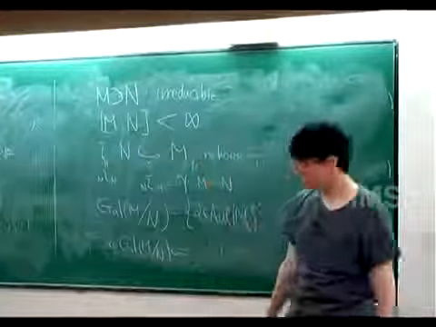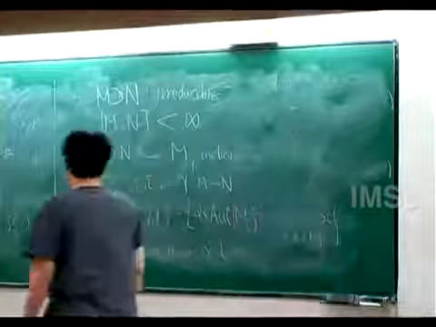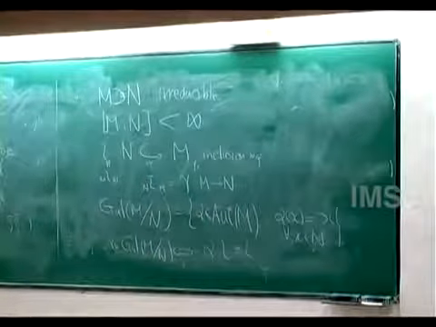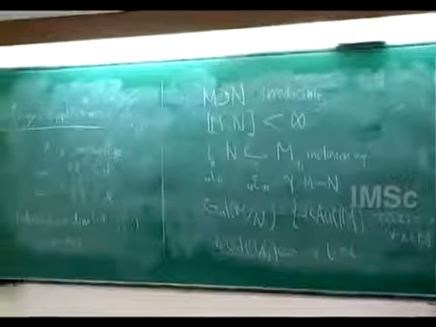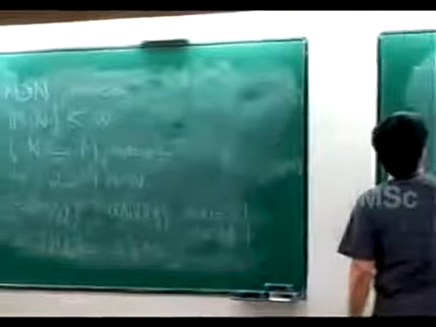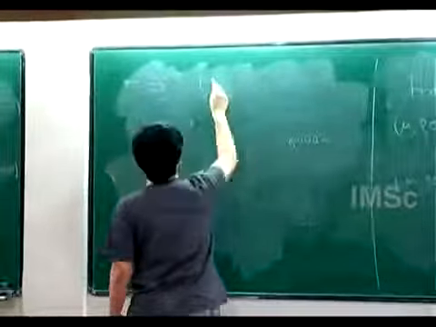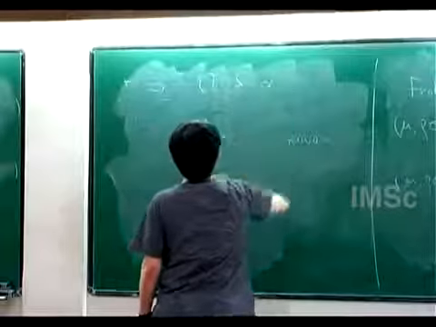By Frobenius reciprocity, this implies that iota bar contains alpha. So any element in the Galois group is contained in iota bar.